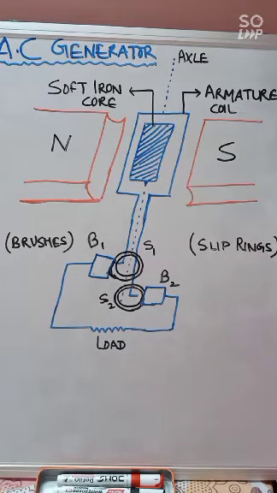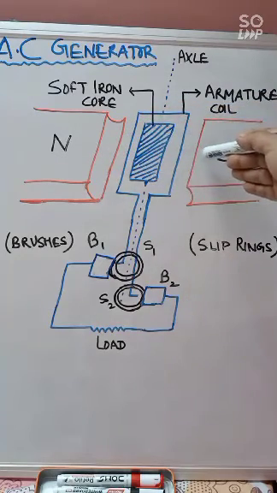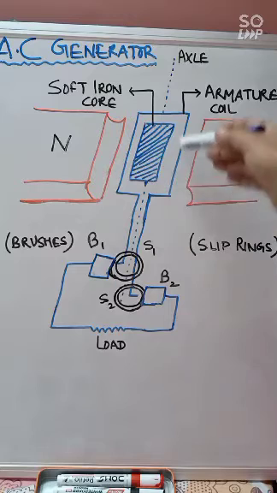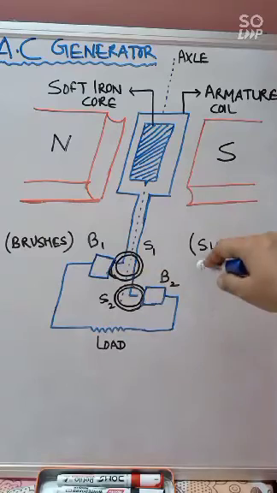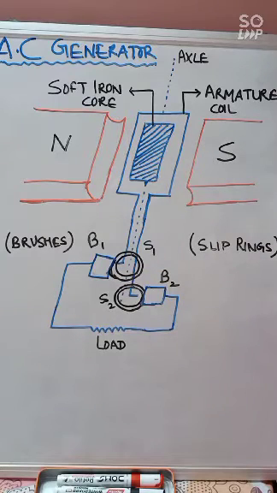So according to the principle of electromagnetic induction, as soon as the magnetic field lines associated with these magnets and the armature coil vary, there is going to be an induced EMF, which will produce induced current in the circuit, right? So this is in short what I have told you regarding the AC generator.